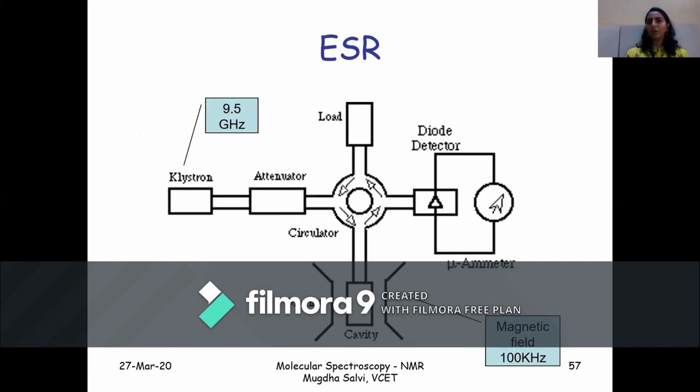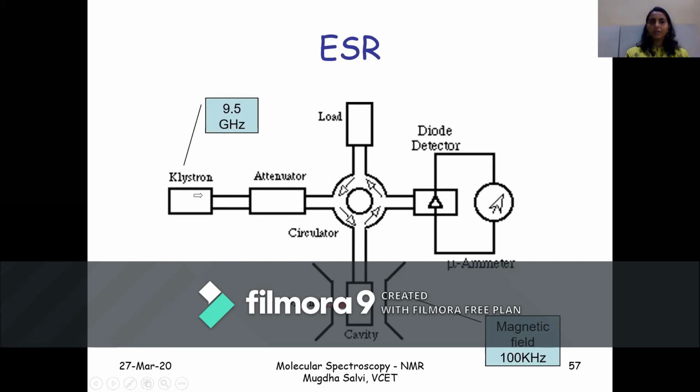This is the basic block diagram of ESR. In this, the system remains the same. You have a magnetic cavity in which you are placing the sample.